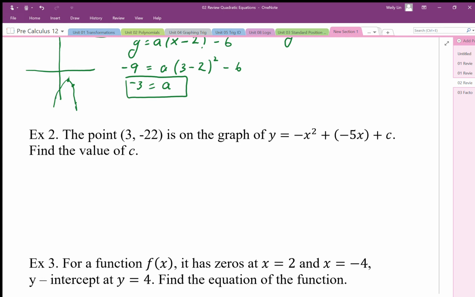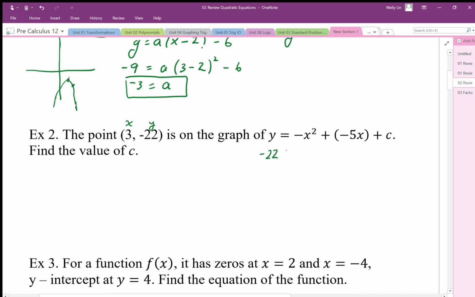If you've got a point on the graph, an xy coordinate, it fits into the equation, and that's just a basic mathematical truth. So if I plug in the x and y that I've been given here, the only variable that I don't know is c. So then I can solve for c if there's only one thing that I don't know.